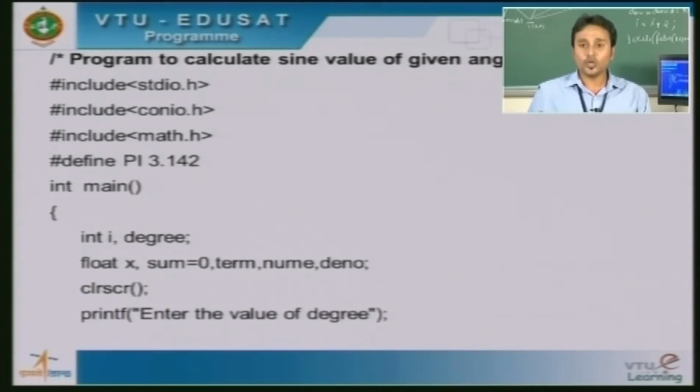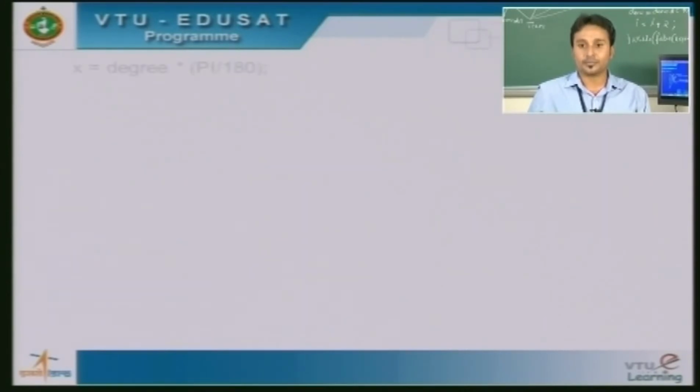Now, we need to enter the value of a degree, hence we have written that inside our printf function. Next, scanf accepts input from the keyboard, hence we have this %d, since the value of degree we give is in integer data type.